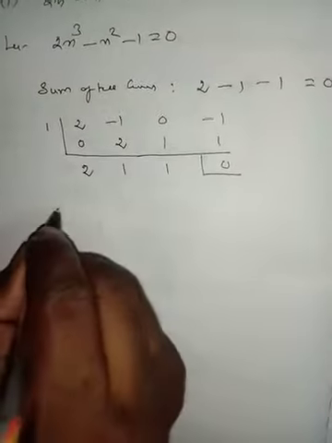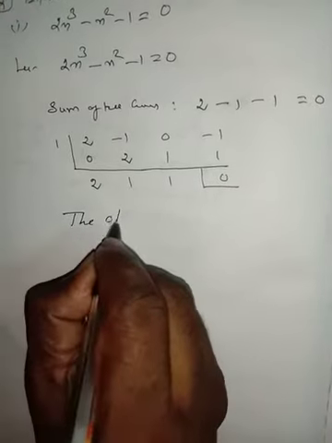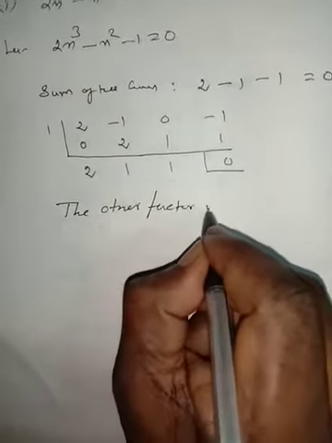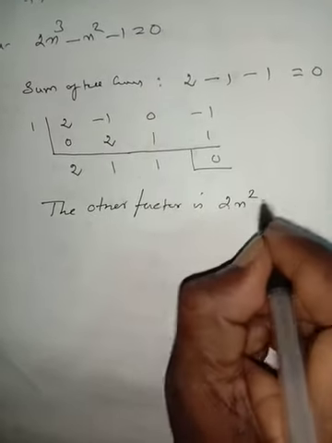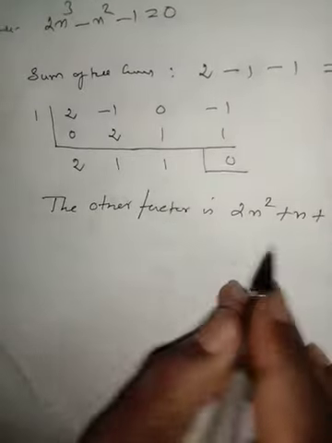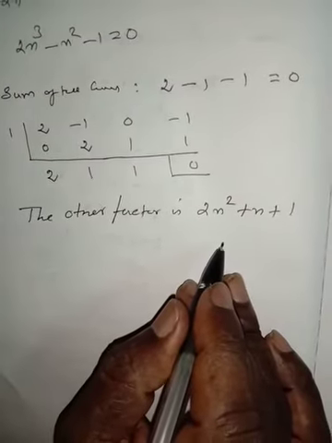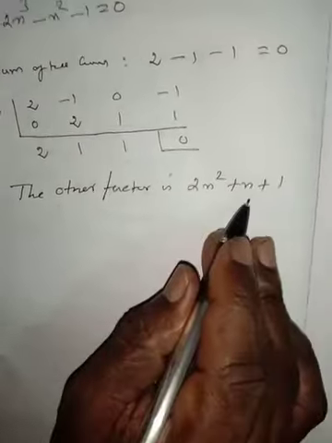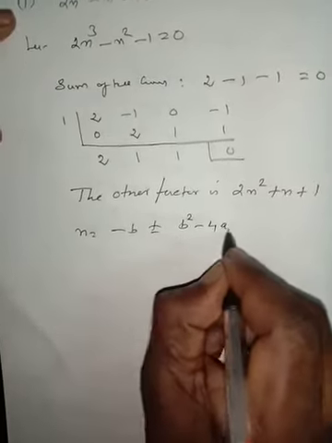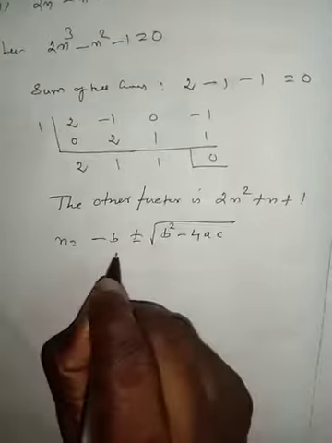Now the other factor is 2x square plus x plus 1. Solving we get 2 roots. Using the formula method, x is equal to minus b plus or minus root of b square minus 4ac divided by 2a.